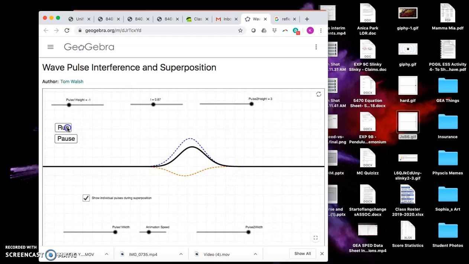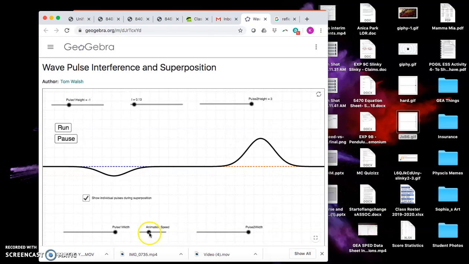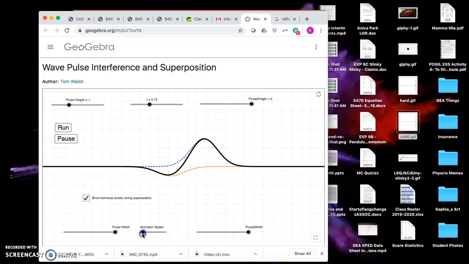Let's run that one more time. And we'll move the animation speed slowly when they overlap. Maybe a little bit less slowly. If you follow any one particular piece of string, let's say we follow this one, it never reaches that +3 amplitude while the two waves are interfering with each other.